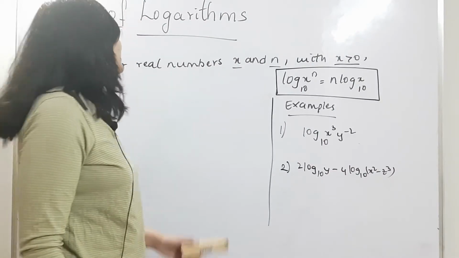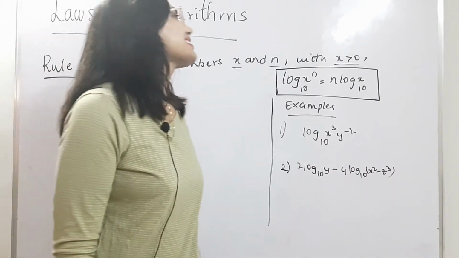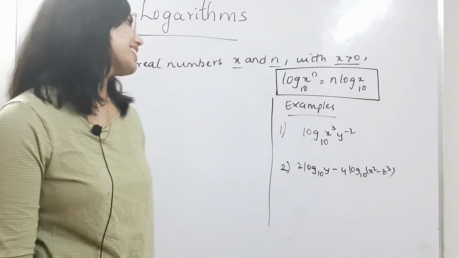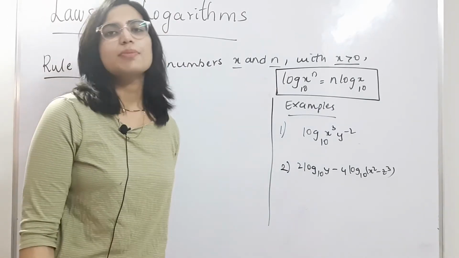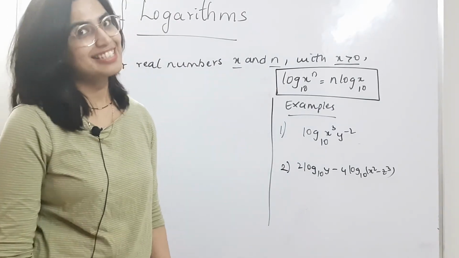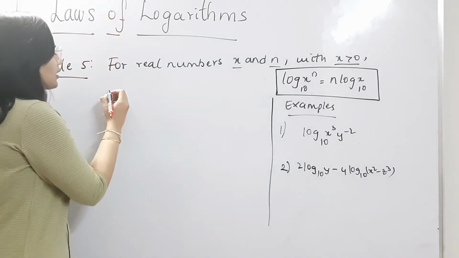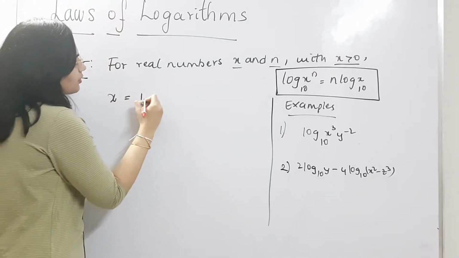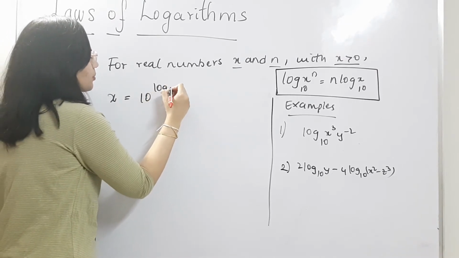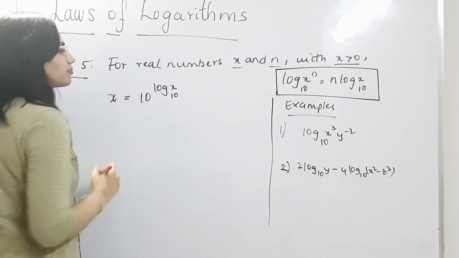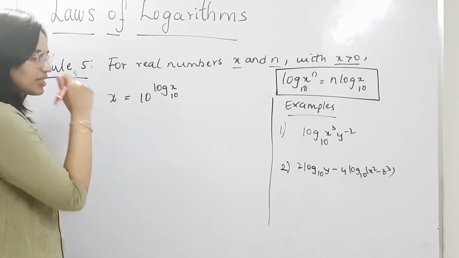Okay. Next rule is for real numbers x and n with x greater than 0: log x to the power of n to the base 10 is equal to n log x to the base 10. How do we prove that? Let us say x is equal to 10 to the power of log x to the base 10. Right, this is using rule 2.